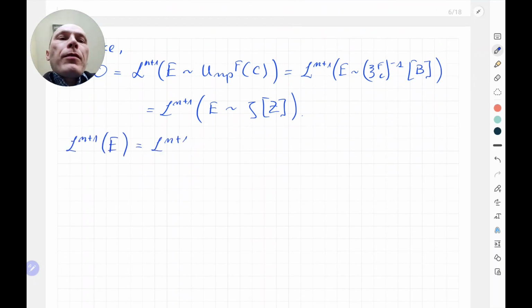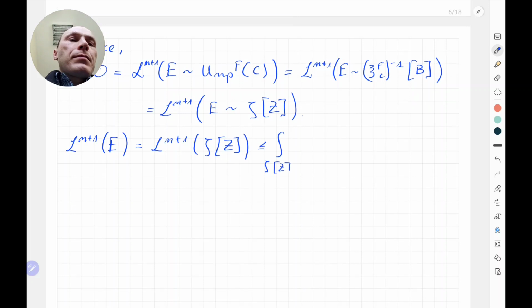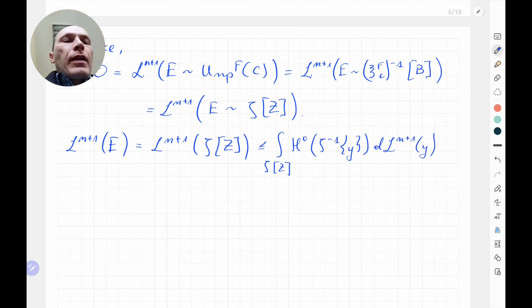From the above line, we see that the measure of E is the same as the measure of the image of zeta. Now this is clearly true because any point in zeta of z has at least one pre-image, so this is clearly bigger than this one.